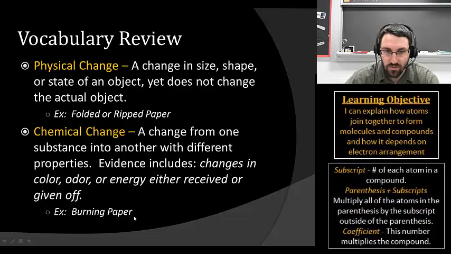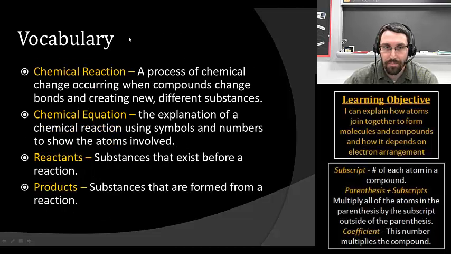The paper changes from a piece of paper to ash and smoke and light and energy, so it's going from one substance into another. Another example would be if you put a nail outside and it gets rained on, the nail can turn to rust. So it's a chemical reaction where the nail goes from iron to being actually a different substance.